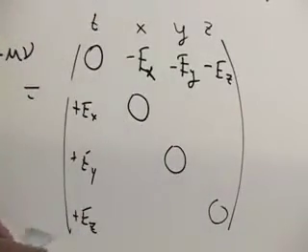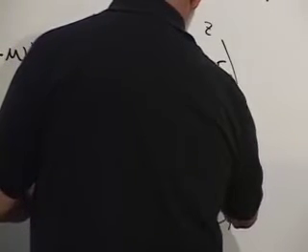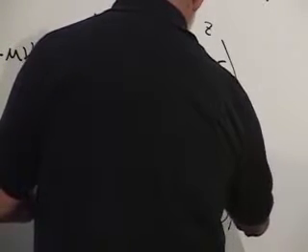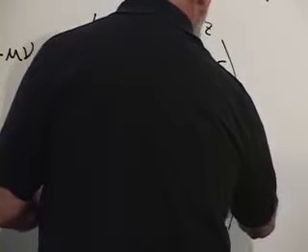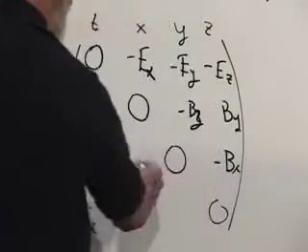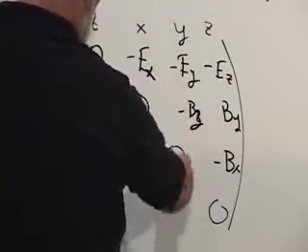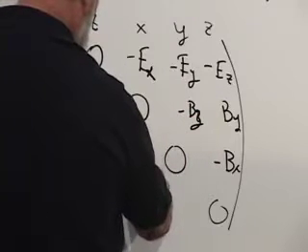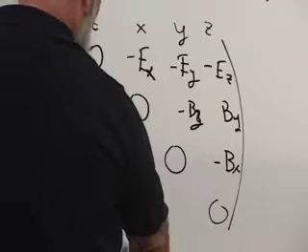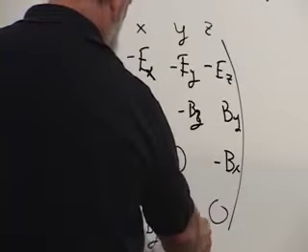Now what about the missing slots over here? That's where the magnetic fields go. Right over here, you have minus B sub z, B sub y, and minus B sub x. And then down here, you just have the reflected plus B sub z, minus B sub y, and plus B sub x.